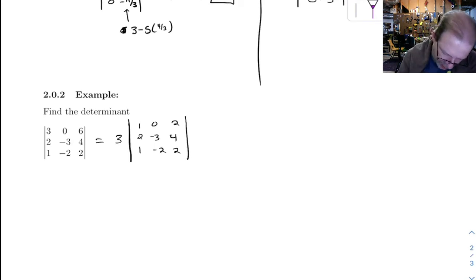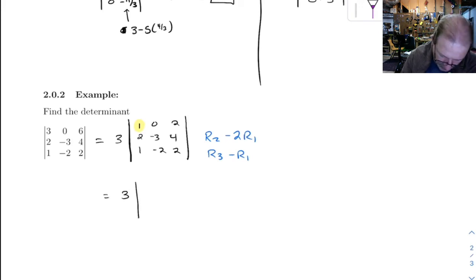All right, now let's use the 1 to get rid of the other two numbers below it. We'll do row 2 minus twice row 1, and we'll do row 3 minus row 1. So row 1 stays the same.